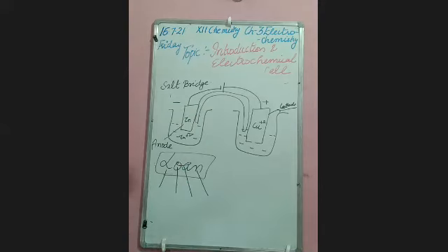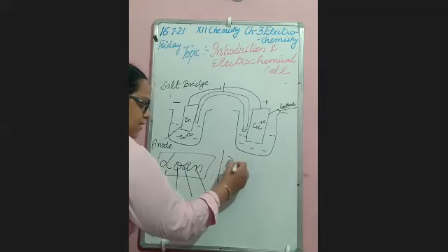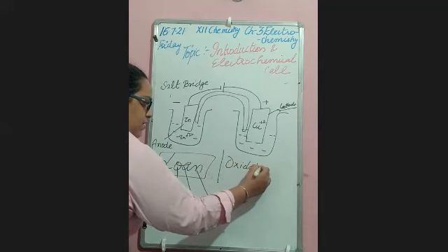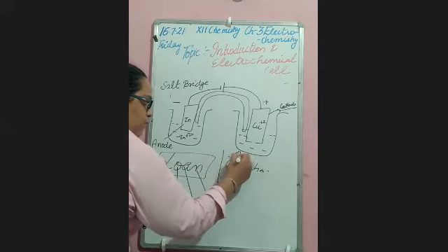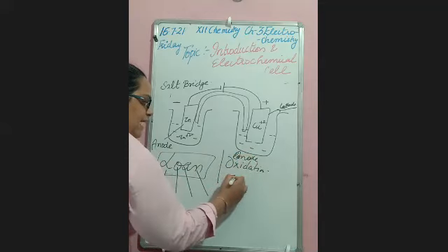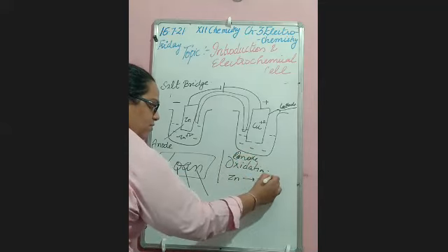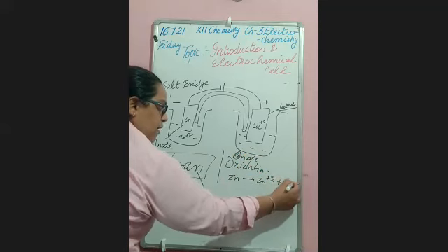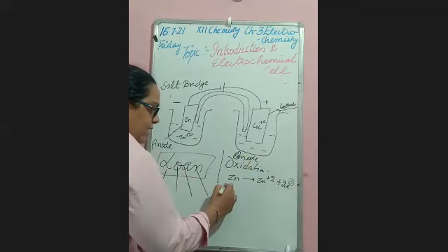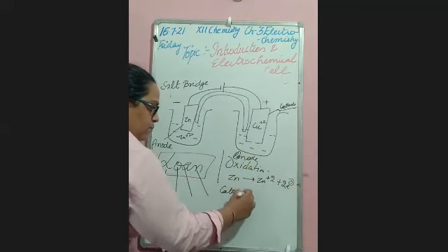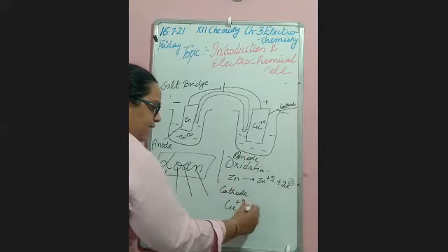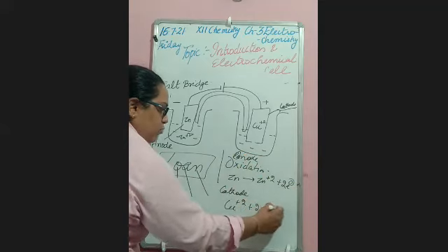So what's going on at oxidation? At anode, zinc loses its electrons, and at cathode, copper ion takes electrons to convert into copper.